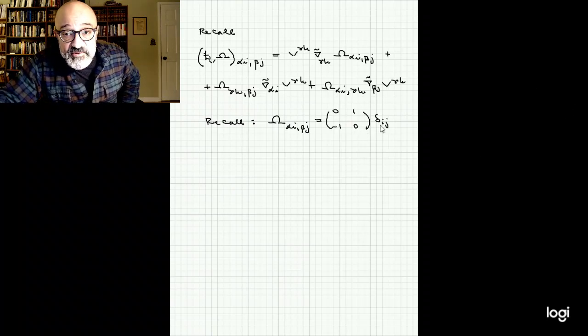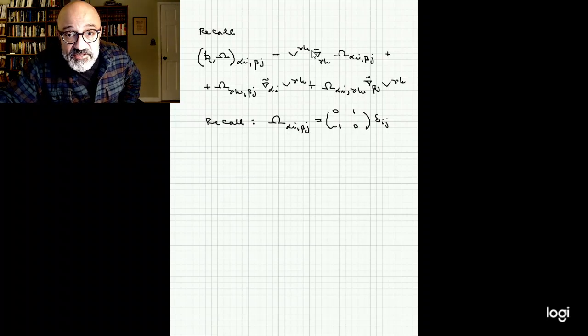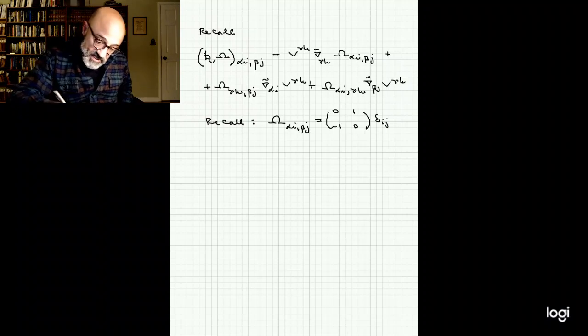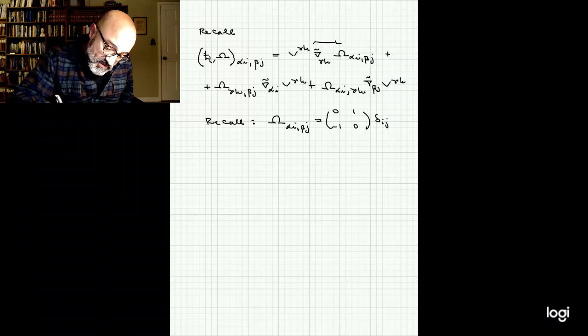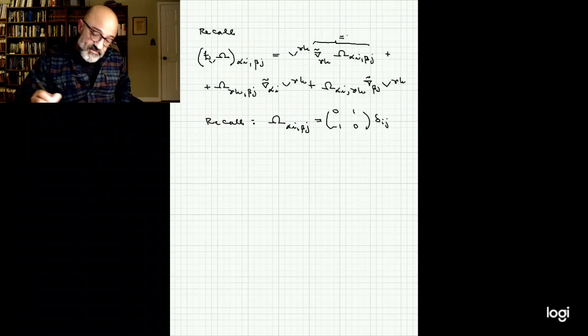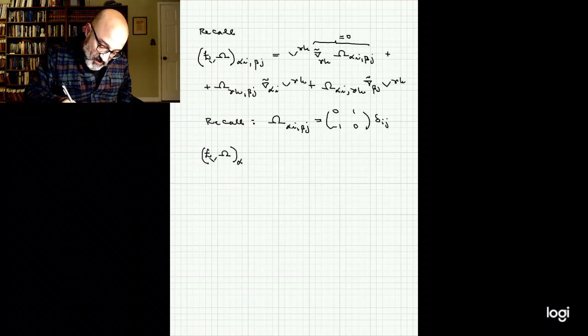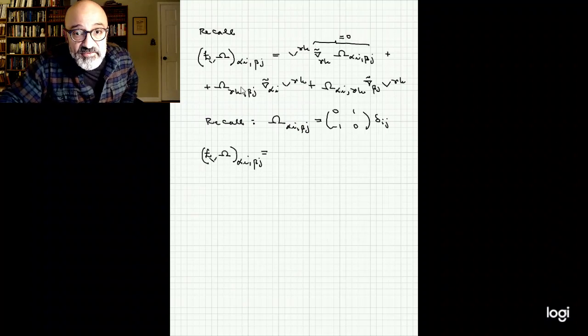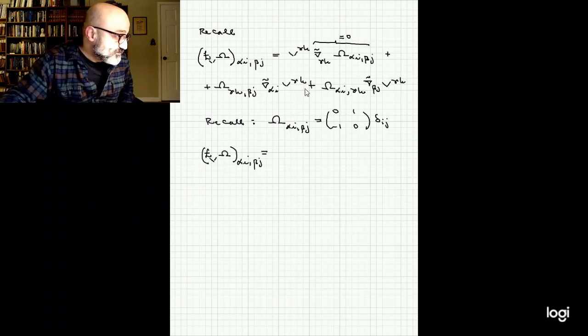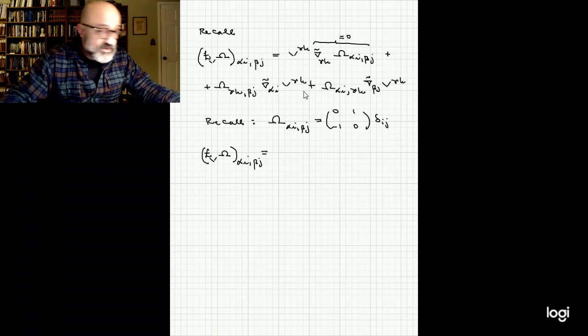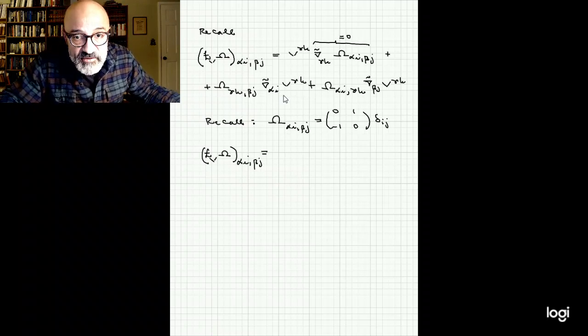So this immediately tells you that whatever derivative you're going to be taking of these zeros, ones, and minus ones, this is going to vanish, and therefore the Lie derivative of omega alpha i beta j is the sum of two terms. And so what I'm going to do next is I'm going to say, well, it's those two terms.